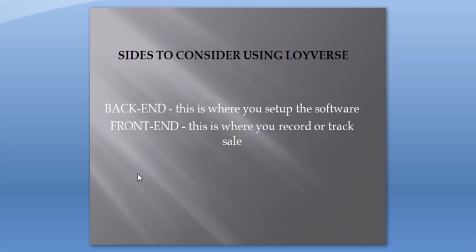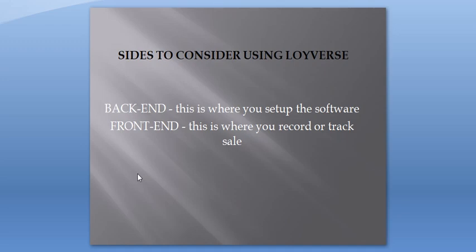So things to consider when you are using the Loives is that there are basically two things that you consider. That is the back end and the front end. The back end is basically where you set up the software, while the front end is where you record or track sales.